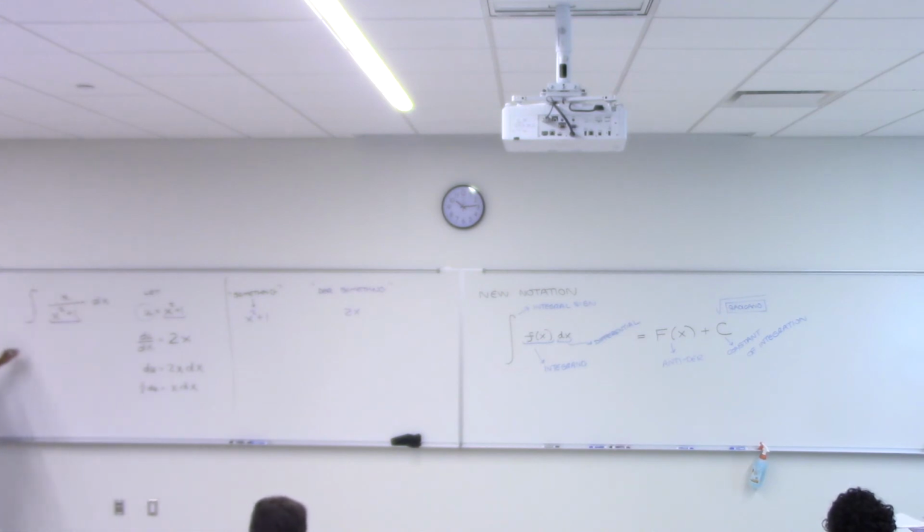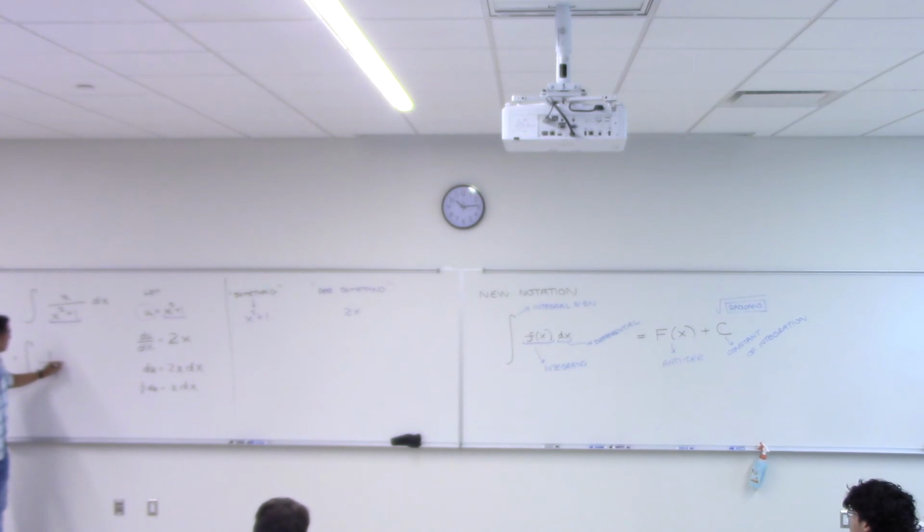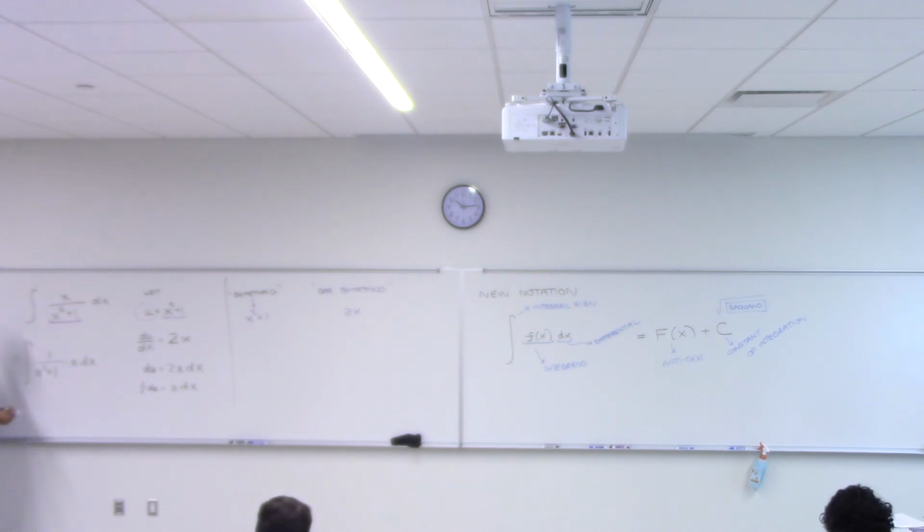Let me rewrite the original integral this way, because I think it might be easier for those of you who might be a little bit lost on this. Because this x is in the numerator, and this is times dx, I can slide the x to the side like this, right? It's the same problem. And now, if you look at it this way, do y'all see everything?